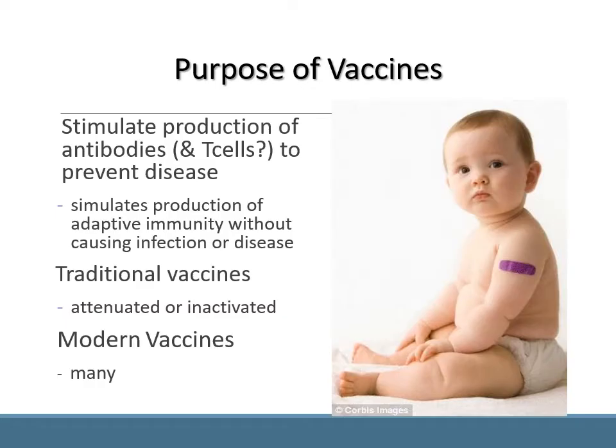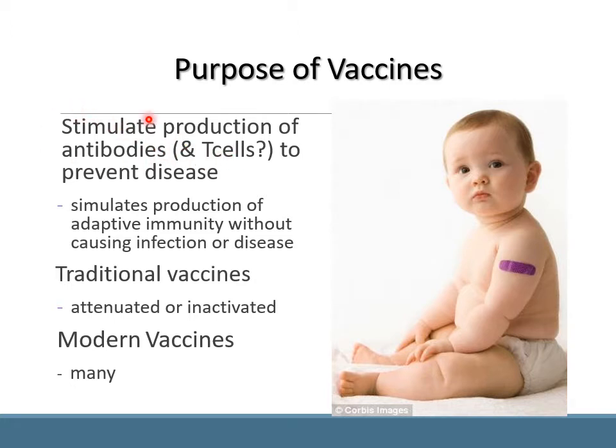So just an overview, the purpose of vaccines is to stimulate the production of antibodies. Now, T cells are also important, but that's a little more difficult to measure, but we're seeing more and more that for some diseases, T cells are important to stimulate as well.